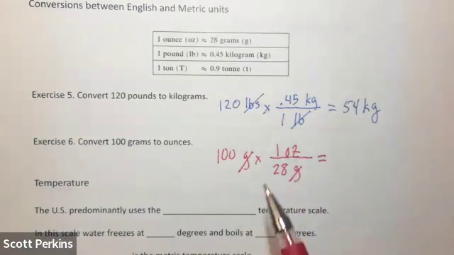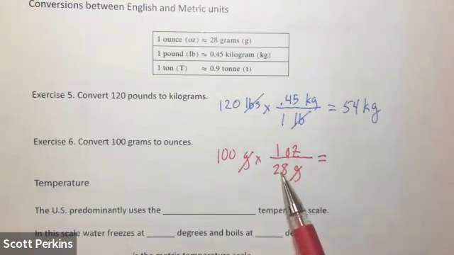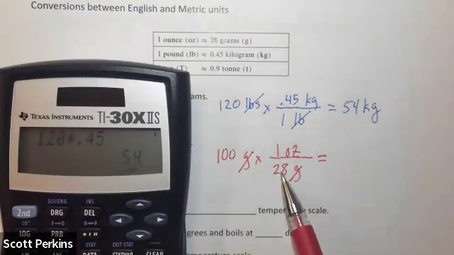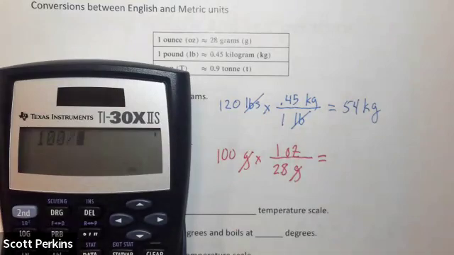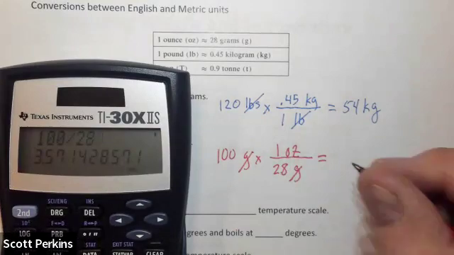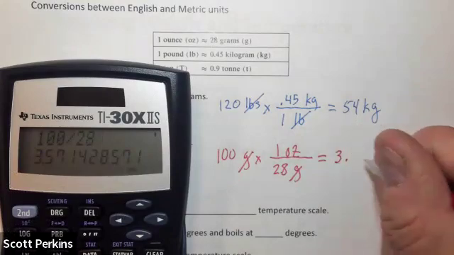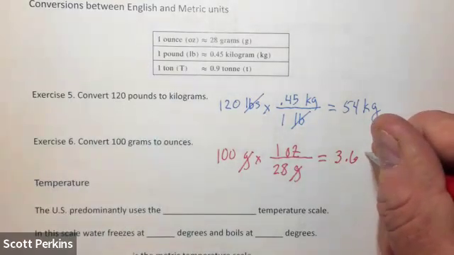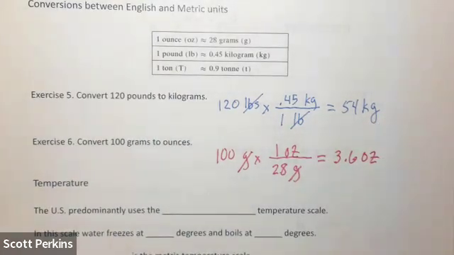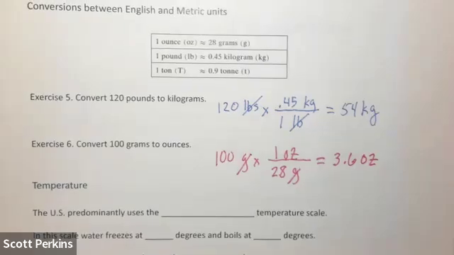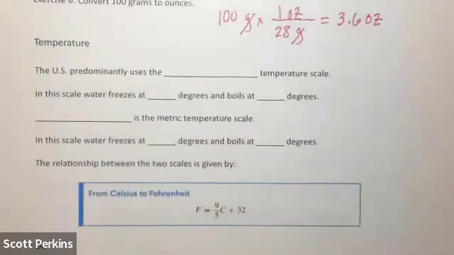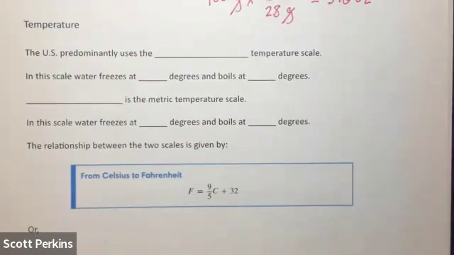Now I have the 100 in the top, the 28 in the denominator. So I'm going to do 100 divided by 28, and that is 3.57 and a lot of change. I'm just going to round to 1 decimal place, and that is going to be 3.6 ounces approximately.